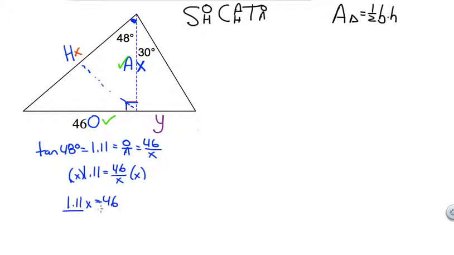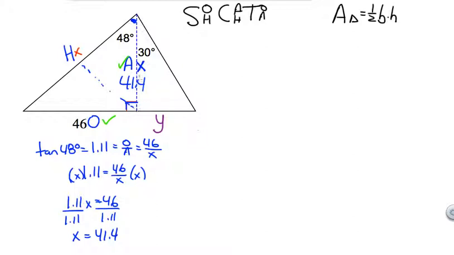And if I divide both sides by 1.11, I get that X equals 41.4. So now I have a height of my triangle. It is 41.4.